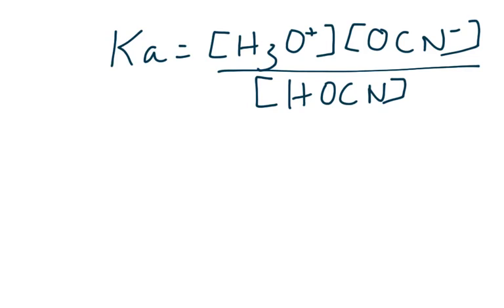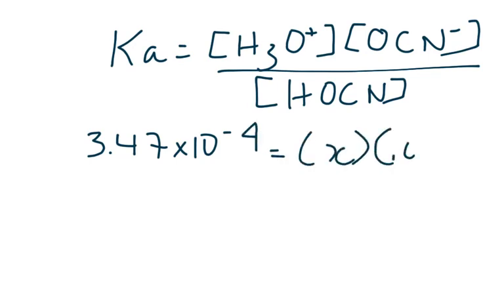So we have 3.47 times 10 to the negative 4 equals x times 0.05 divided by 0.1. So this was the original concentration, the 0.1. The 0.05 came from the concentration of NaOCN, which was added in with our acid.